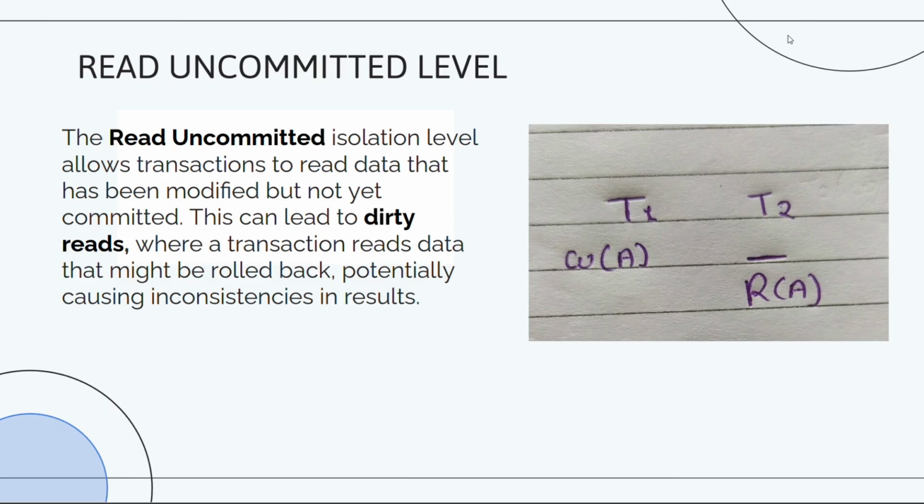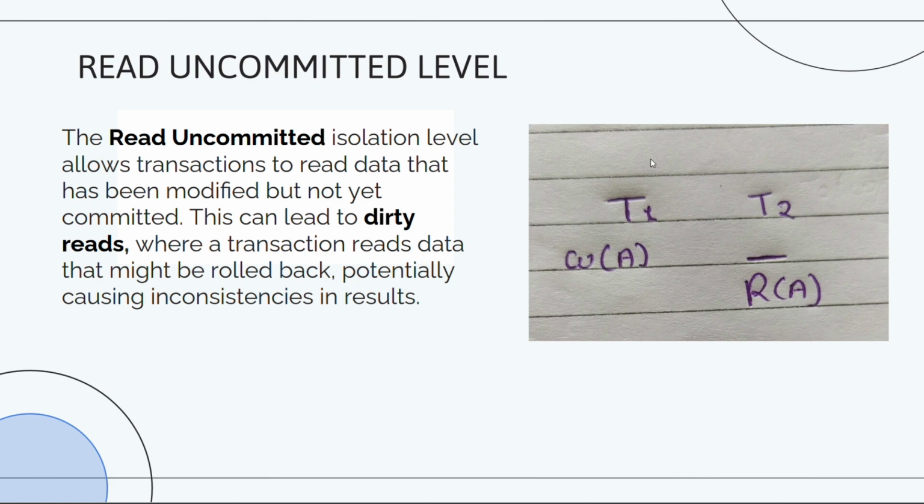Now we will be understanding the read uncommitted level. So what is the read uncommitted isolation level? It allows a transaction to read data that has been modified but not yet committed. This can lead to dirty read, where a transaction reads data that might be rolled back, potentially causing inconsistency in the result.